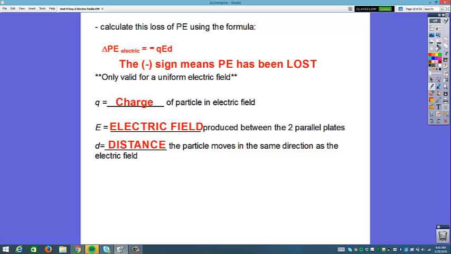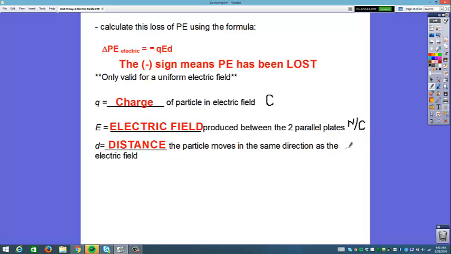Okay, to calculate your potential energy, we're generally going to be looking at the negative sign with the loss. We're looking at it losing potential energy, so it's increasing in speed. So your equation becomes EPE equals negative QED, where Q represents the charge, just like before. This is still measured in coulombs. E is the electric field that's produced between those two parallel plates, still measured in newtons per coulomb.